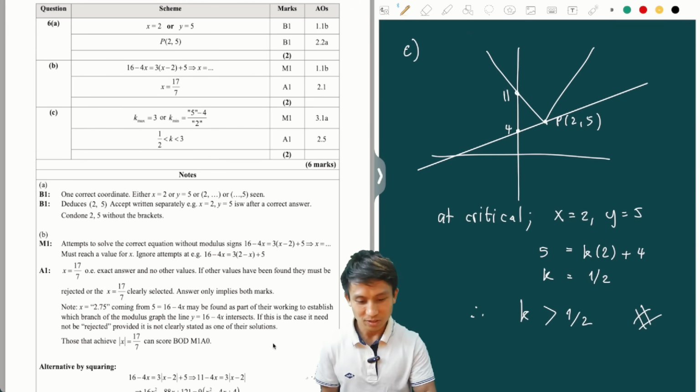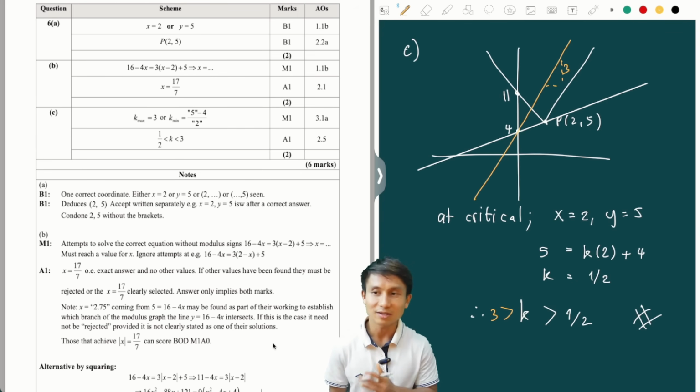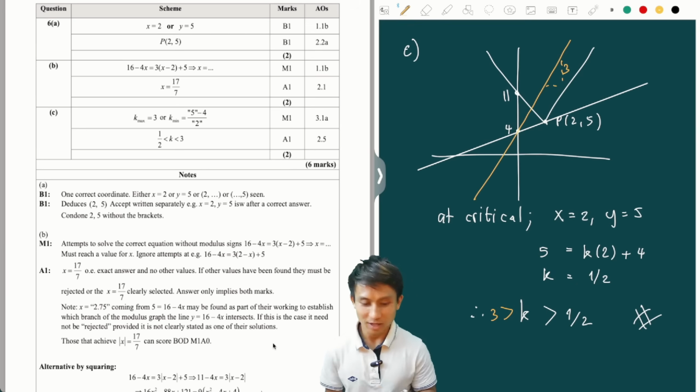So the line should be here. If you found the gradient should be the same as this, right? Because we already know that the V shape has a 3x part in the modulus, so the maximum gradient here should be less than 3. If it's 3, then it's not going to cut another point, so it should be less than 3. That's why I got it wrong here.